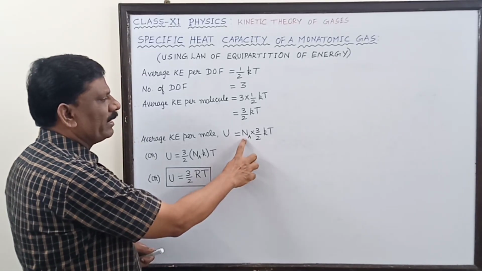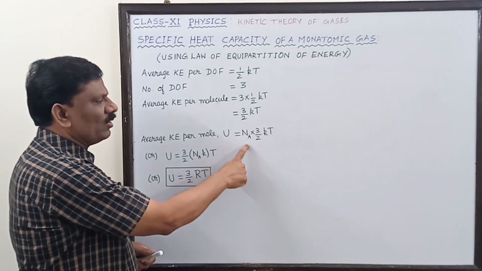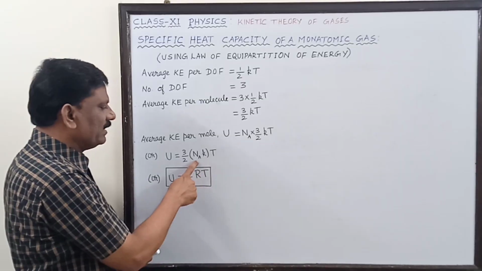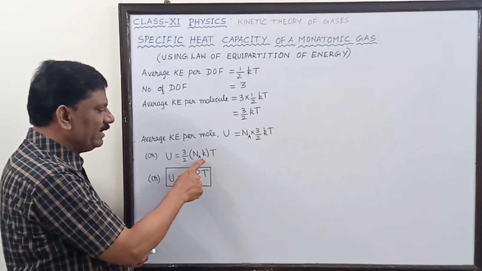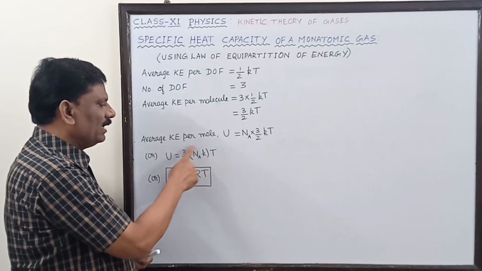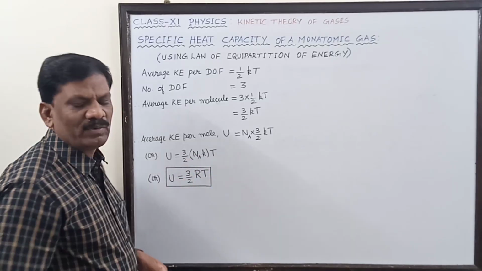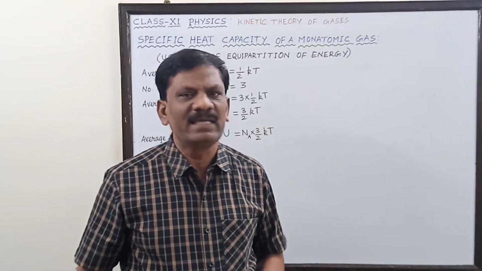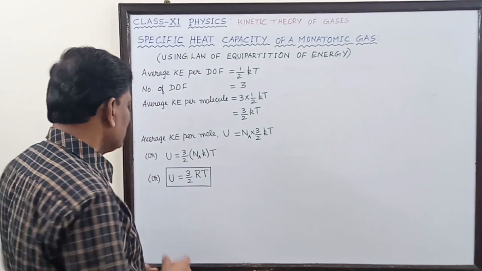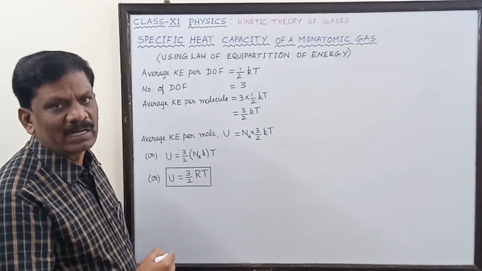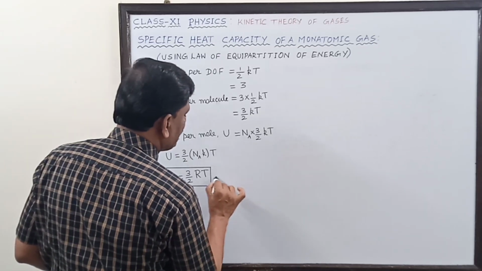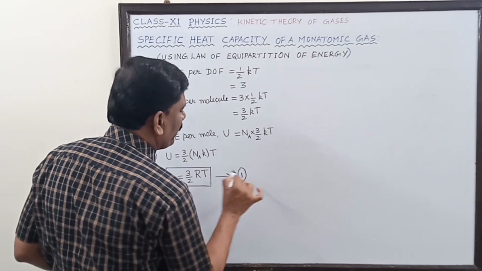So U equals 3 by 2 into Na into k into T. And this product Na into k is the universal gas constant R. Therefore, U is now equal to 3 by 2 RT. And this is the first equation required.